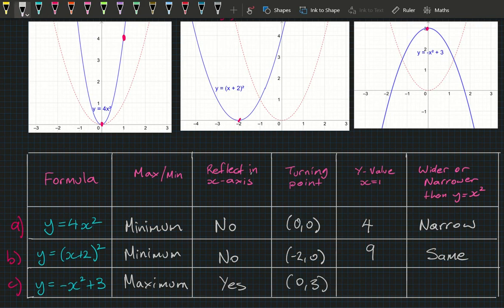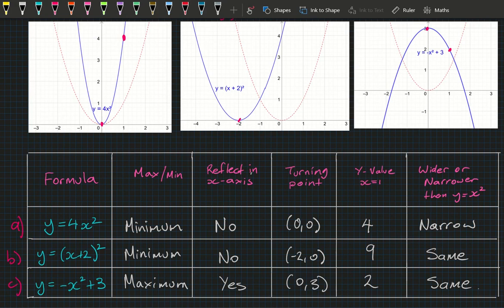And our y value when x equals 1 is, well, let me mark the point in. That there is definitely 2. But you could just do that mathematically in the formula. So -1 squared is -1, plus 3 is 2, which is the same. All right, so is it wider or narrower? We have a -1, which is like multiplying by 1 as far as a dilation factor goes, so it is the same. All right, so that's that table filled out.